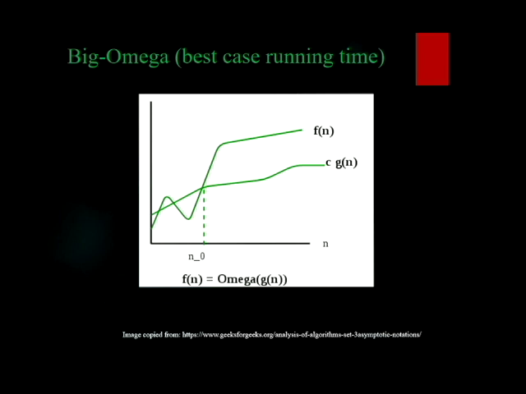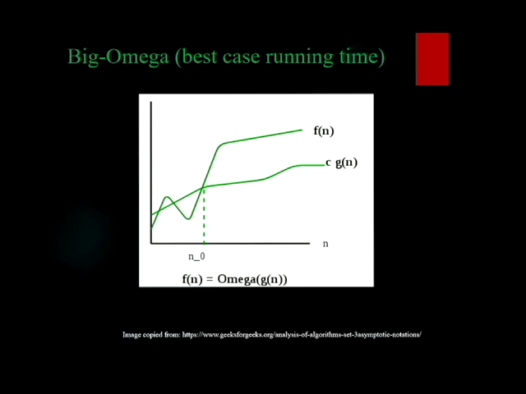For all values of n bigger than n0, we assume n is sufficiently large, and then we are able to provide a bound approximation.